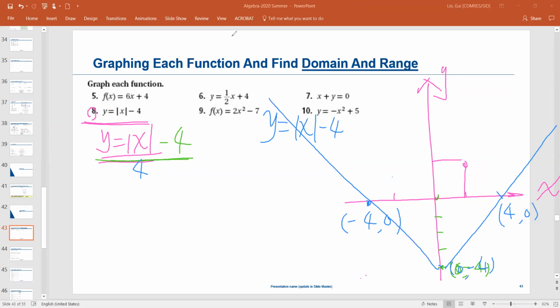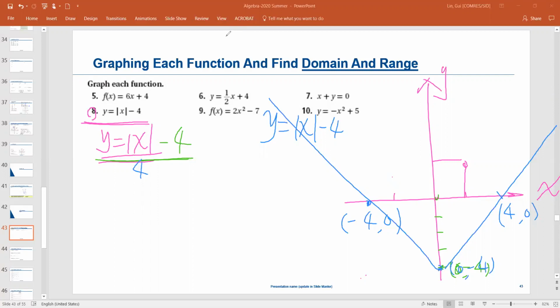Okay, let's find out what the domain is. Domain means what possible x values, right?